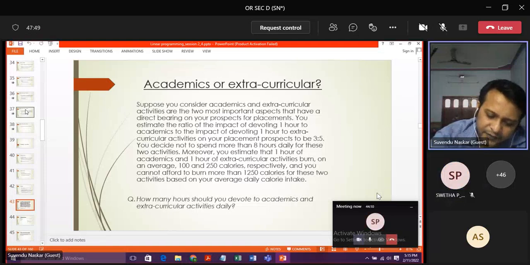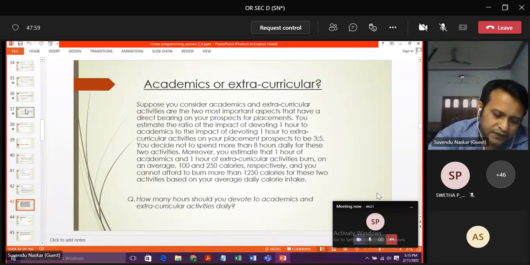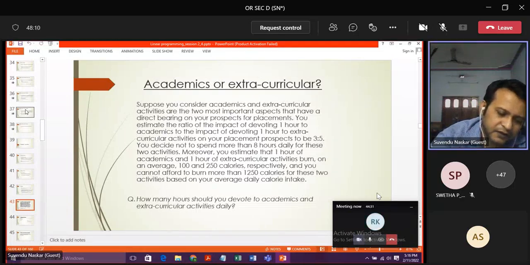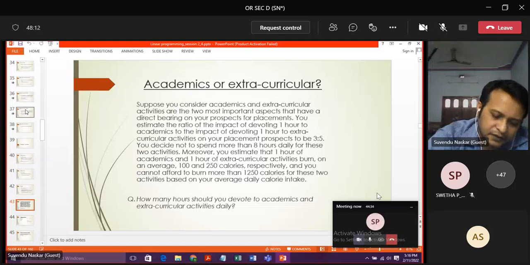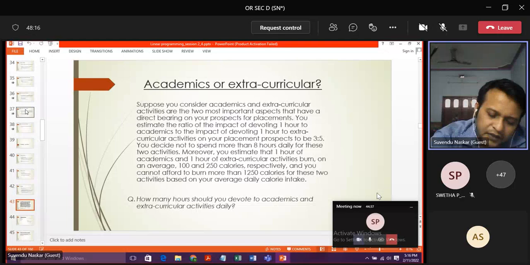I'm trying to understand, are these guys not present in the class or are they silent because of something else? Give me a second. Let me. Himanshu Mittal? Disha? Disha Gupta 196?